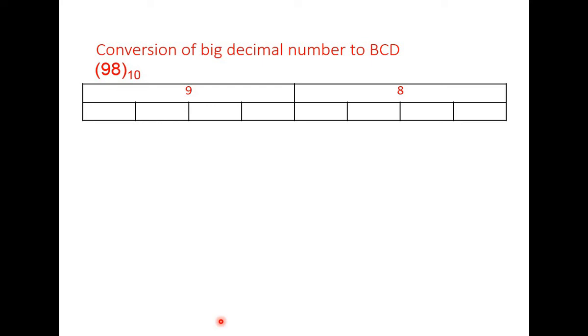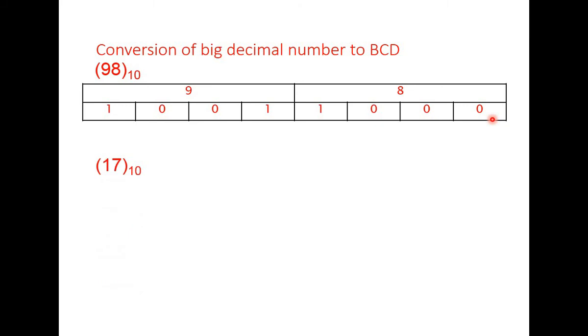For 9 the BCD code is 1001, and for 8 the BCD code is 1000 because we consider the 8421 code. So here it is 8421, so 8 plus 1 is 9, which is the decimal number 9. And for 8, the 8 positional weight is 1, so it becomes 1000.